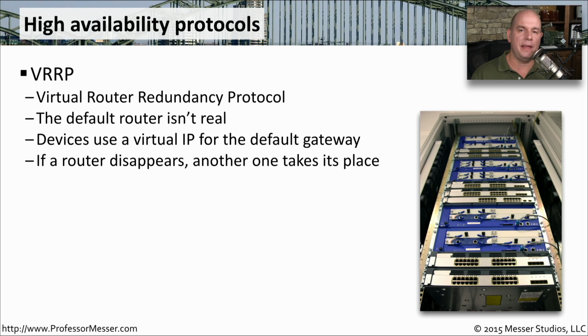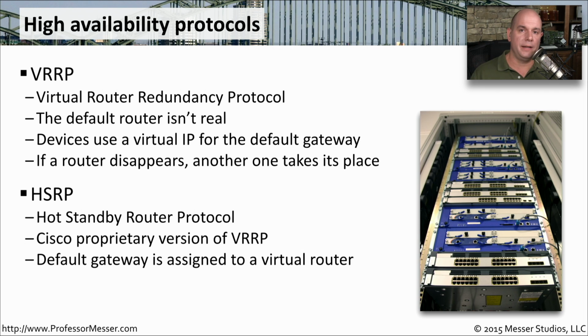So you'll set up a default route or a default router on your network using one of these internal IP addresses. If a router disappears, another one is there to take its place using the exact same IP addressing. So you don't have to change anything on your client devices.